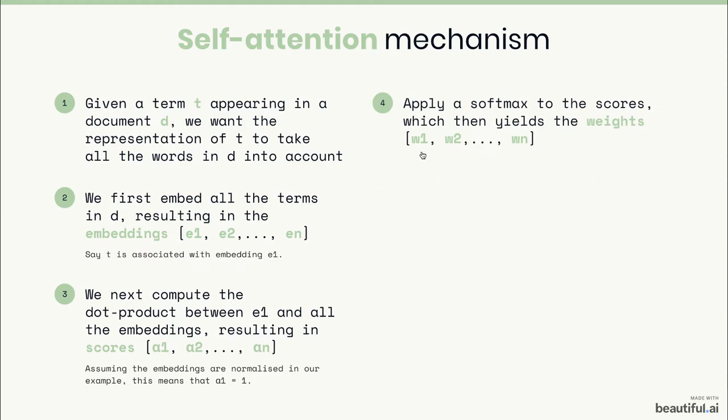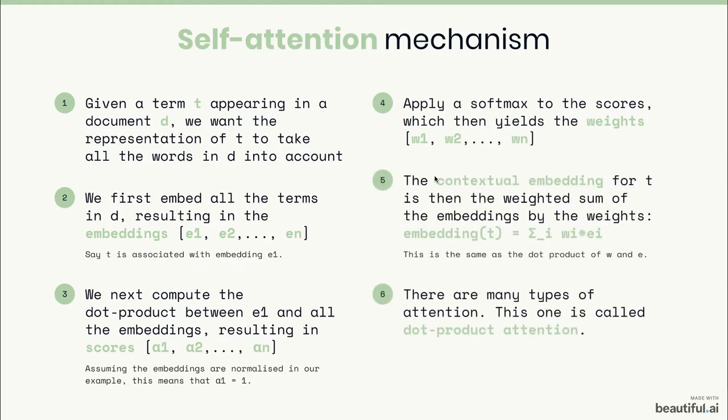This is quite important because now these weights represent how important other terms in the document are to the representation of T. So if T was the word apple, for instance, and some of the other words were business-related terms like profit, then those words would have a high weight because they would contribute to knowing that T, the word apple, is referring to the company Apple rather than the fruit apple.